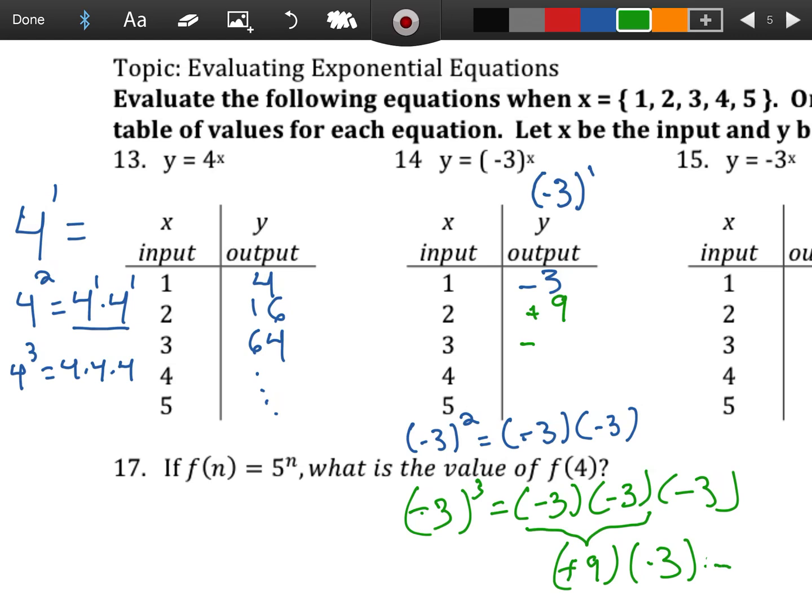Positive times the negative is positive. Psych, it's negative. Tricked you there. And 9 times 3 is 27. So that's our input here. I'll leave the other 2 up to you.